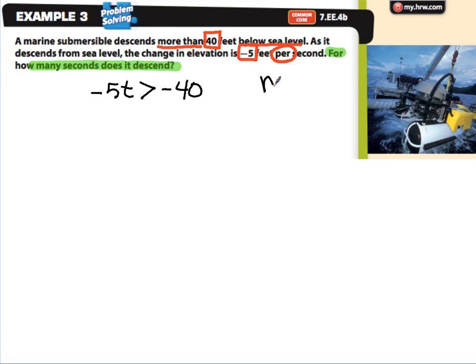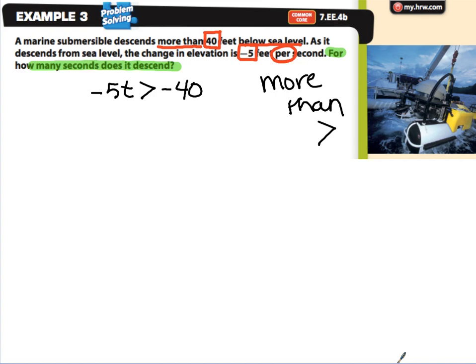Okay? More than implies the greater than symbol. And it implies the greater than symbol because it can't be equal to, because it says more than. So it can't be greater than or equal to because it straight up says it has to be more than that. All right?